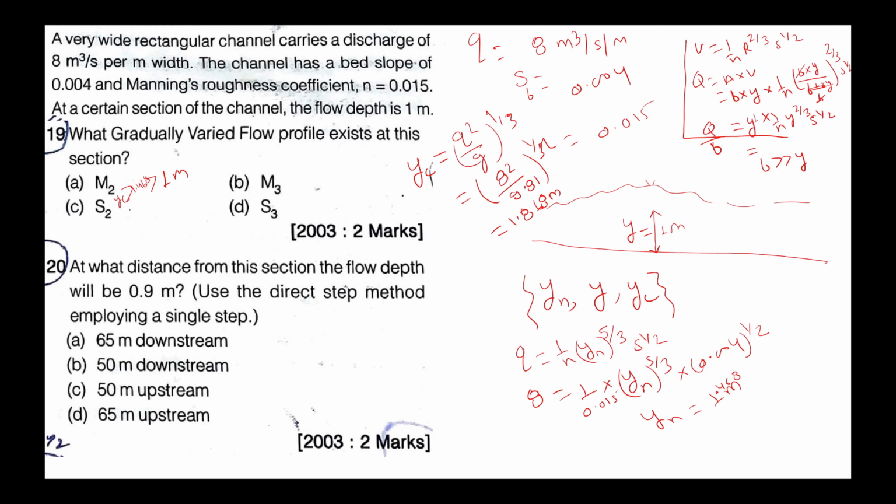So yc value is 1.86. How does your profile look? This is the normal bed, this is your critical line, and this is the normal line. This is the yc, this is your yn, and your flow is somewhere here, 1 meter.